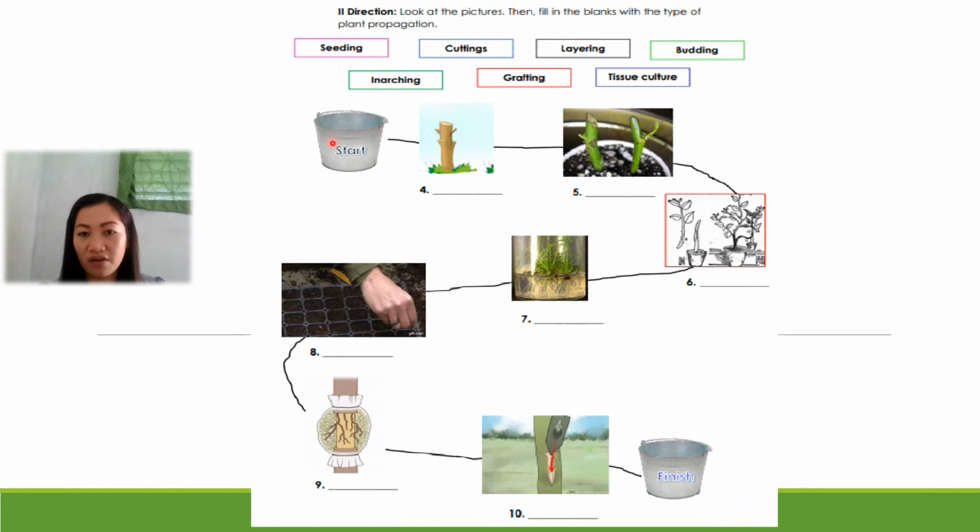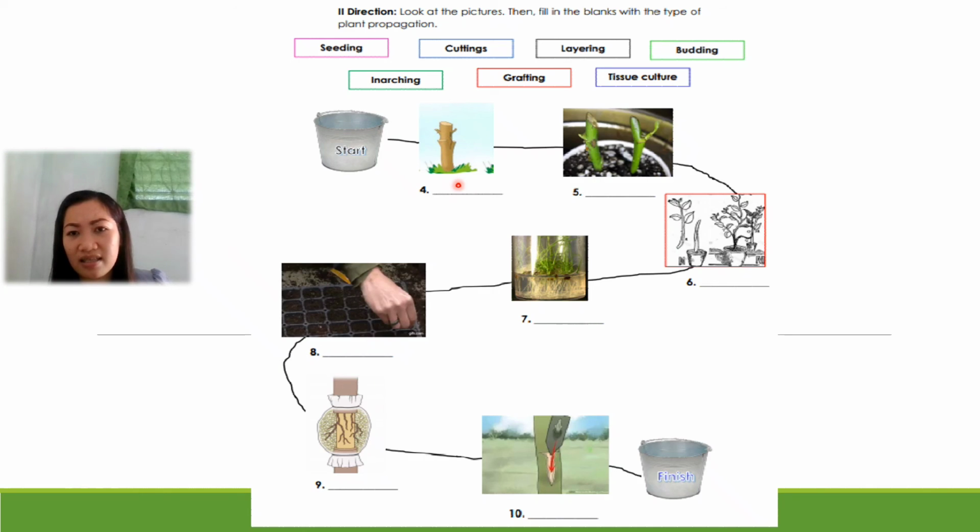Starting here, we have this one until number 10: 4, 5, 6, 7, 8, 9, 10. You have to choose the answer. For number 4, what type of method do we use here? Is it seedling?